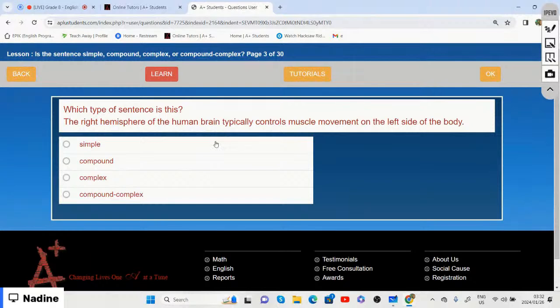So we need to say, is that a simple sentence, a compound sentence, complex sentence, or compound complex sentence? So we now need to say which type of sentence it is. Simple, straight to the point, compound, complex, or compound complex.